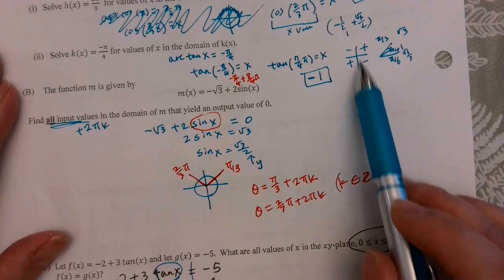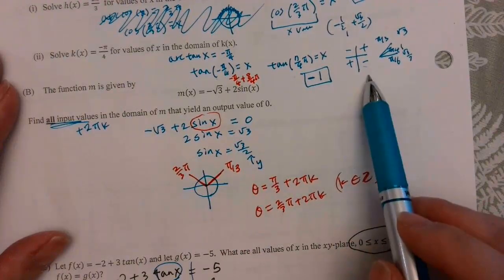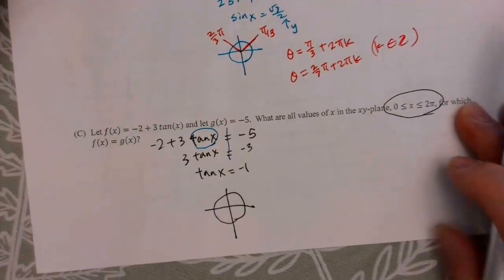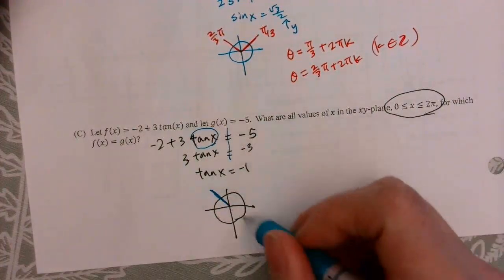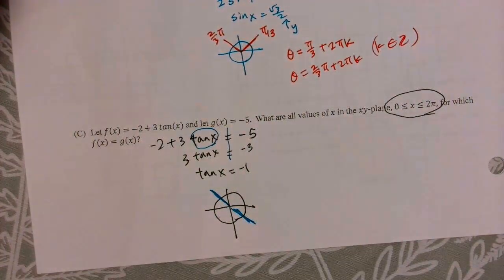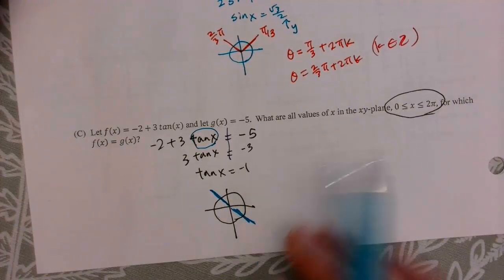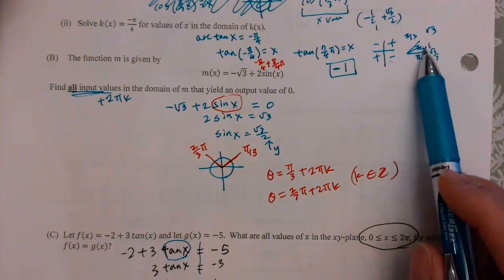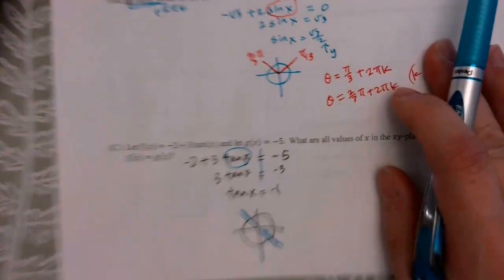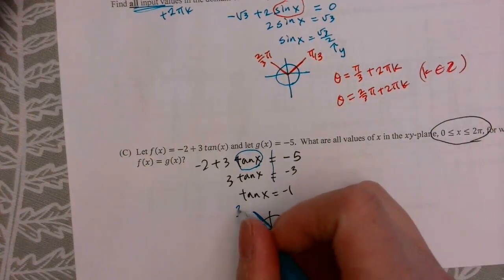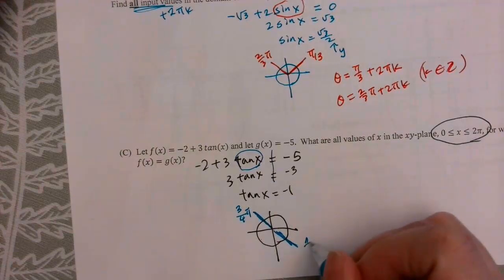If the tangent is negative, wouldn't that be the second and the fourth quadrant? Okay, so one answer comes from the second quadrant, one answer is going to come from the fourth quadrant. Furthermore, which tangent value gives you 1? The middle one, denominator of 4, because x and y are the same. So wouldn't that be 3/4 of pi, 7/4 of pi?